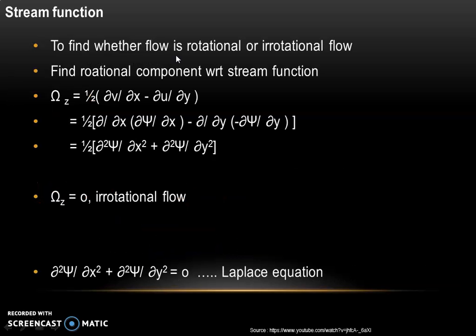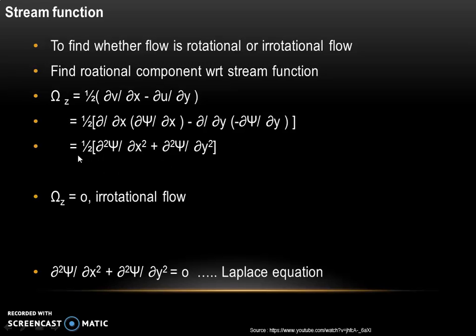There will be possible fluid flow if this equation is satisfied. To find whether the flow is rotational or irrotational, we need to find the rotational component with respect to stream function. So omega z will be equal to half of dou v by dou x minus dou u by dou y, which will be equal to half of dou by dou x of v, which is dou psi by dou x, minus dou by dou y of u, which is minus dou psi by dou y.